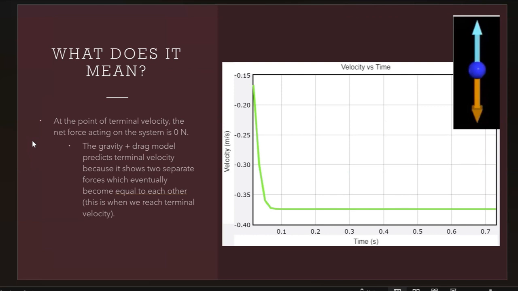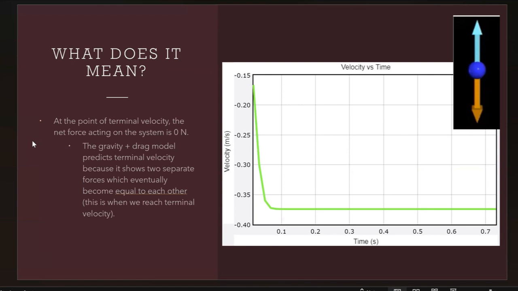Okay, so now we will look at the what does it mean. At the point of terminal velocity, the net force acting on the system is 0 newtons. At this point, the drag force and the gravitational force are exactly equal in magnitude, but opposite in direction. And we know from vector addition that this means that their sum is 0.